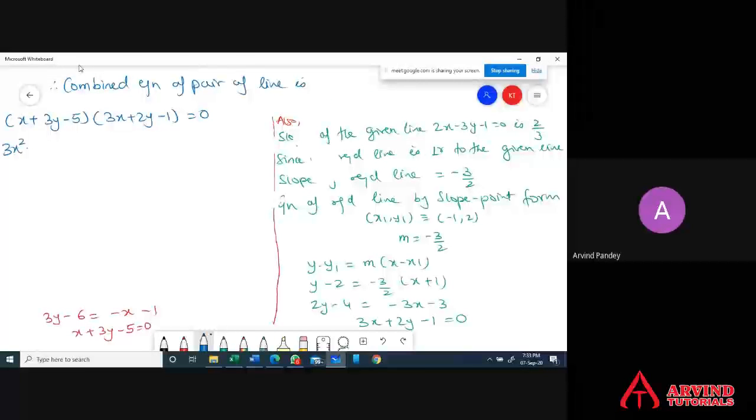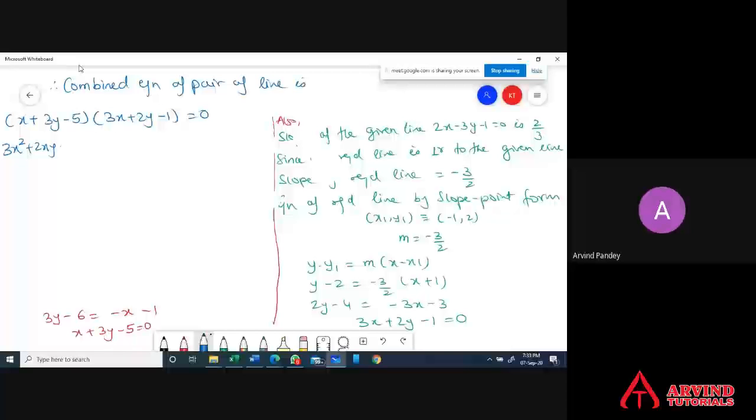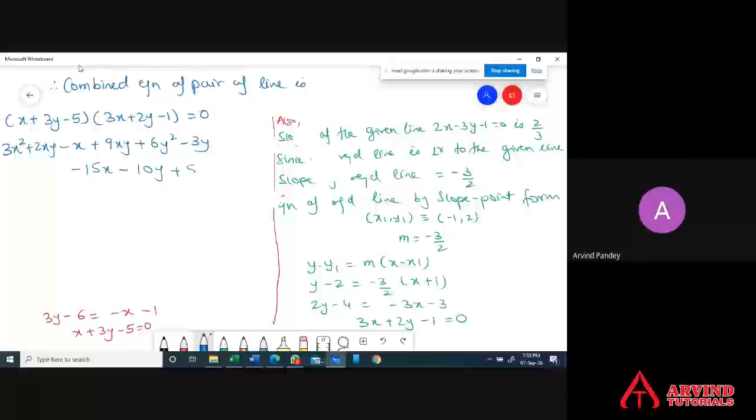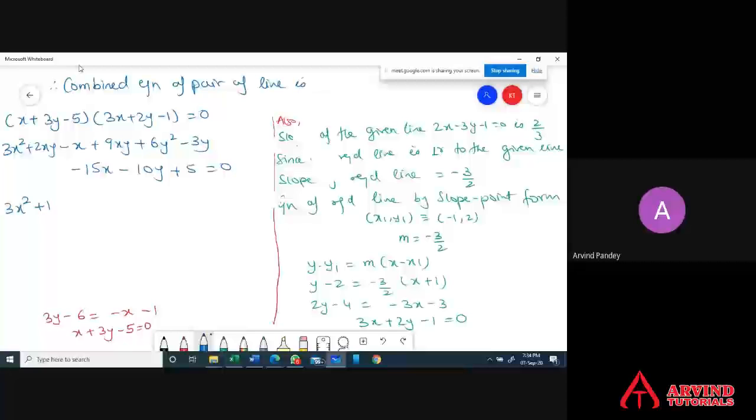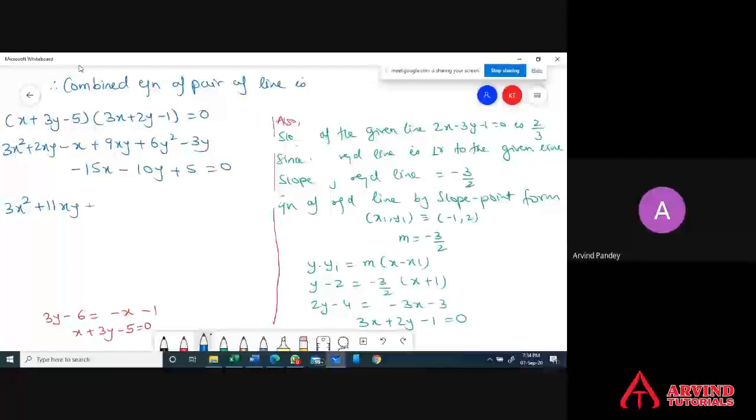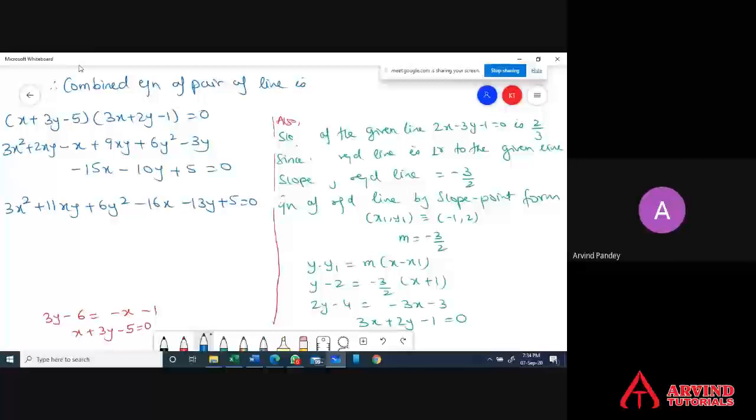So it is 3x square plus 2xy minus x plus 9xy plus 6y square minus 3y minus 15x minus 10y plus 5 equal to 0. So it is 3x square plus 11xy plus 6y square minus 16x minus 13y plus 5 equal to 0. Okay, just copy this down.